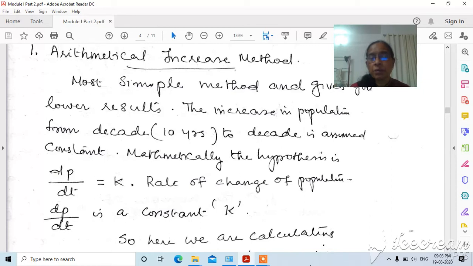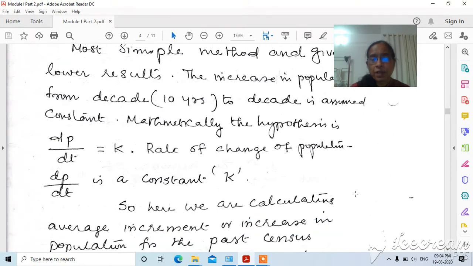mathematically the hypothesis is that the change of population with respect to time is a constant. So what is the change of population or the increase in population? If it is dp and the change of time is dt, then dp by dt is a constant, that is k, the rate of change of the population.